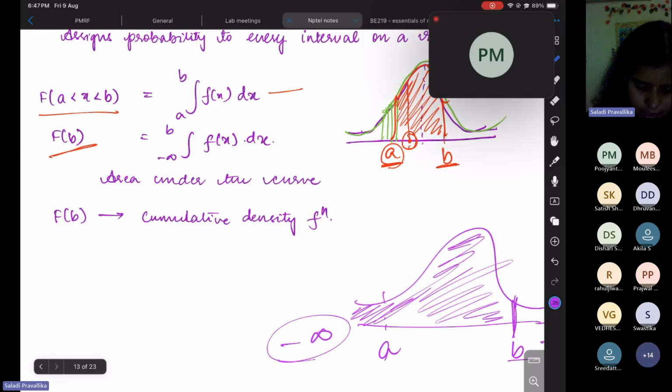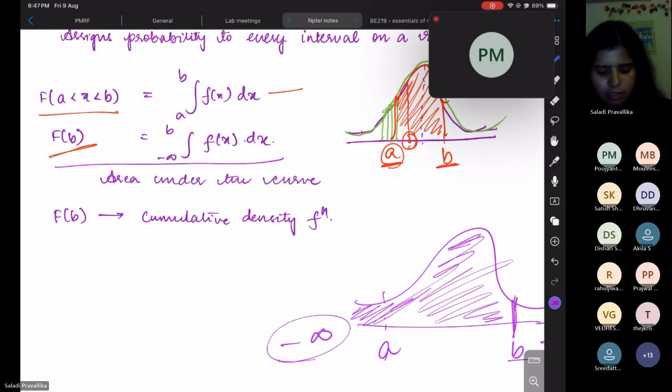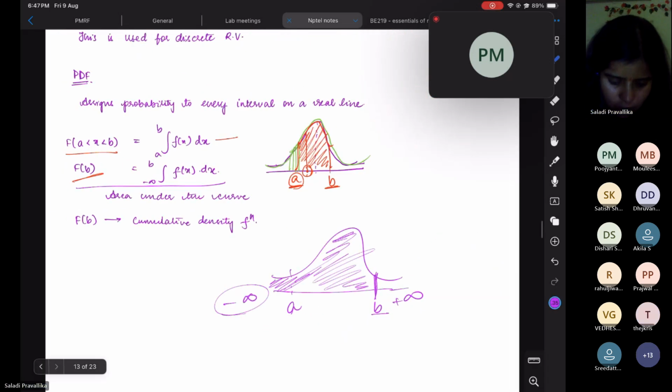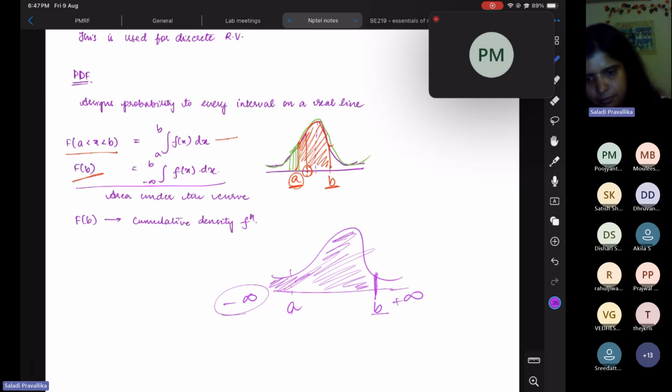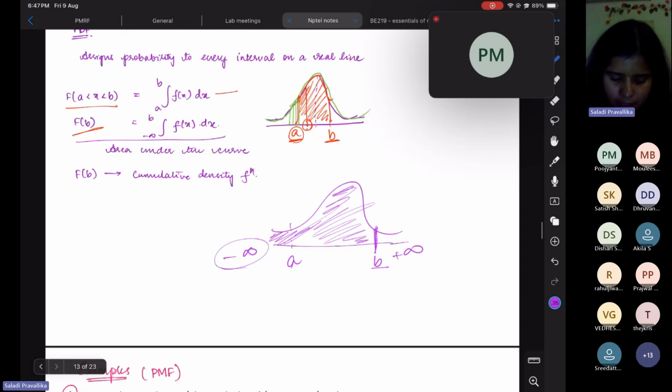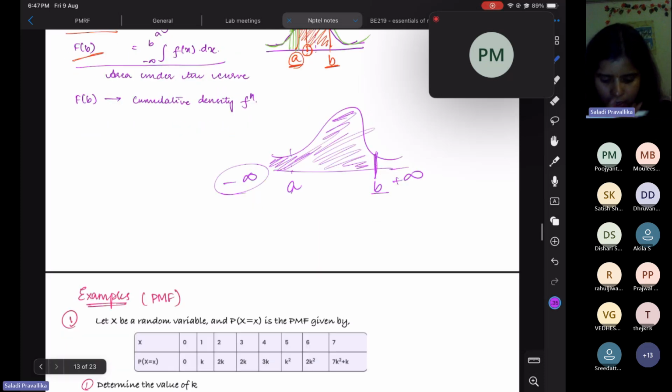Here you can see it clearly. So this F of B is nothing but the cumulative density function. You are going to take entirely from the beginning till the point B. Right?